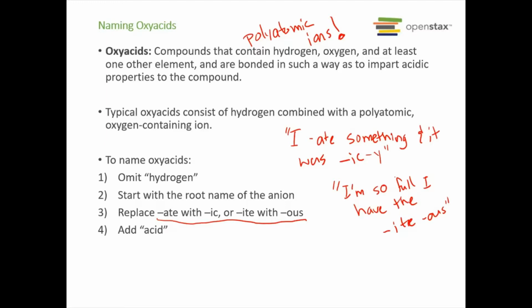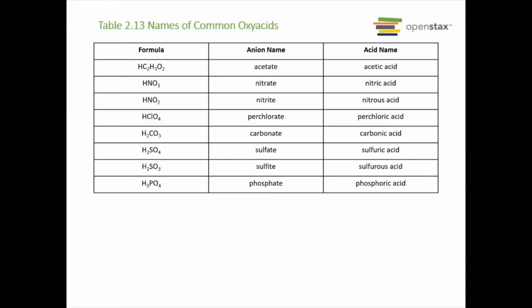So we'll look at some examples. For instance, HC2H3O2. We look at this and say, okay, there's the H, draw a little line there. I look at my table and see C2H3O2, which is the acetate polyatomic ion. So the ate becomes ic, and this becomes acetic acid.